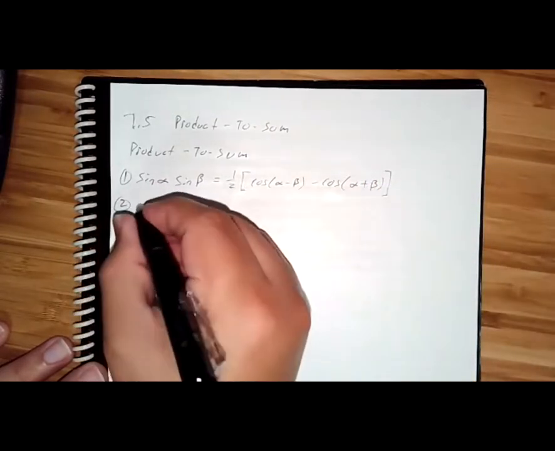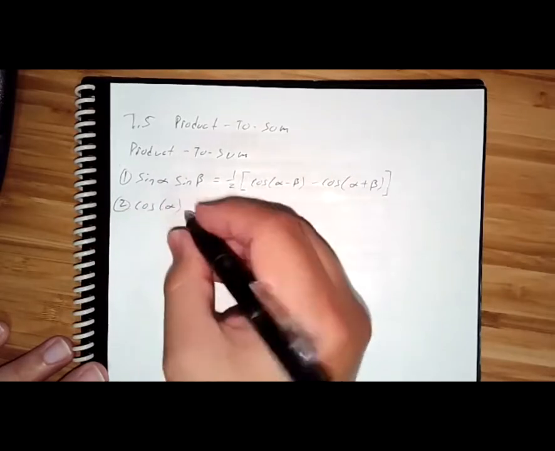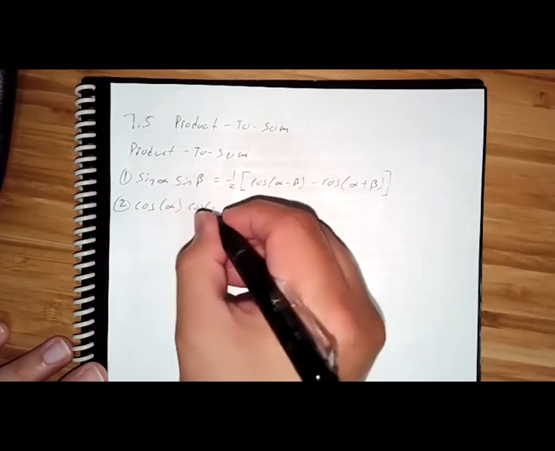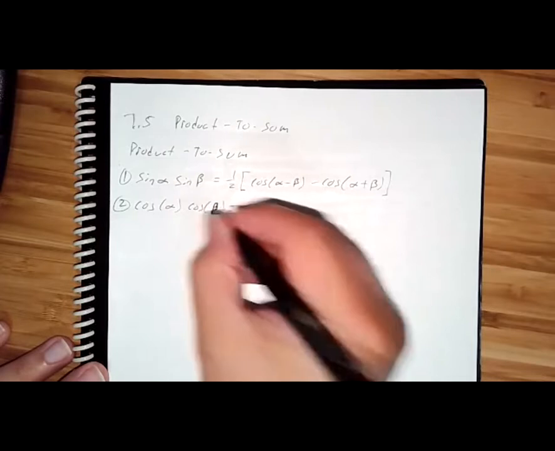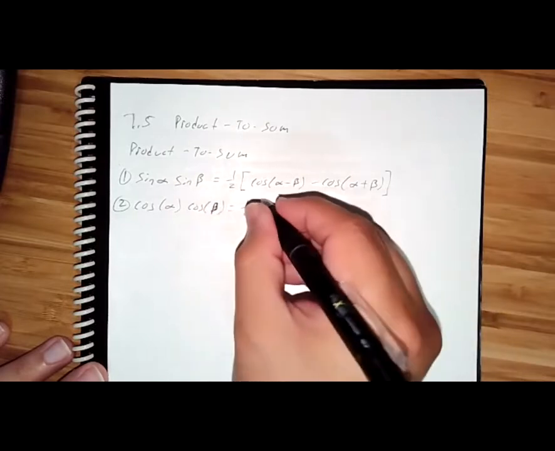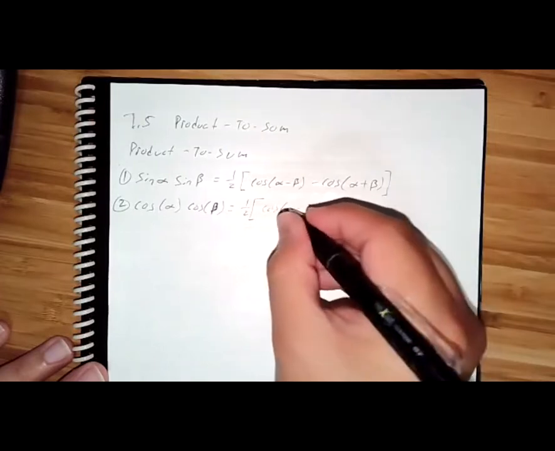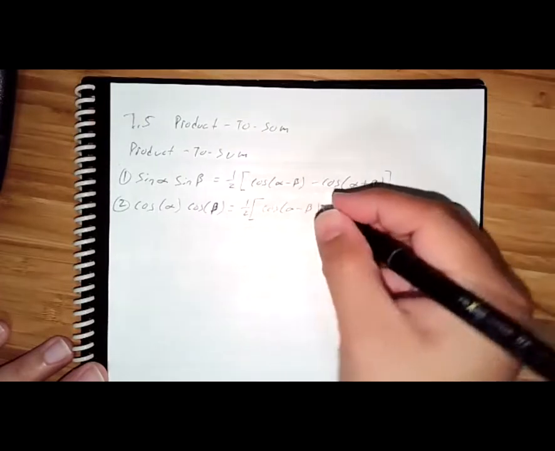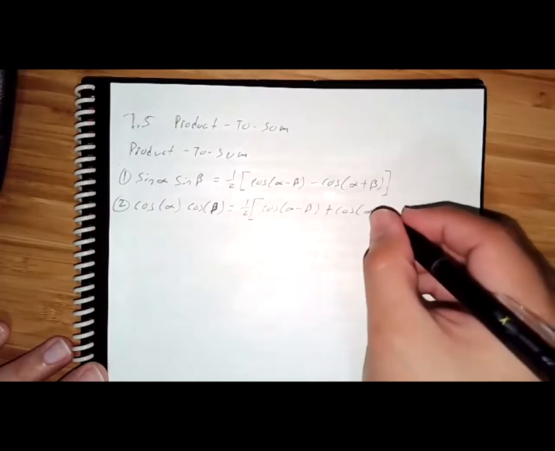Number two, cosine alpha times cosine beta is equal to 1/2 times cosine alpha minus beta plus cosine alpha plus beta.